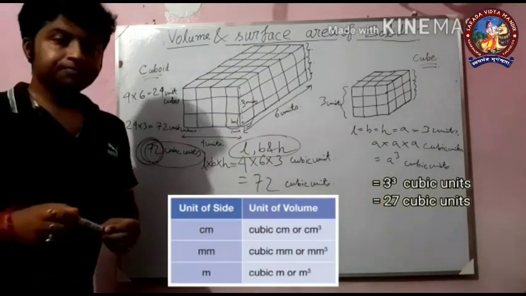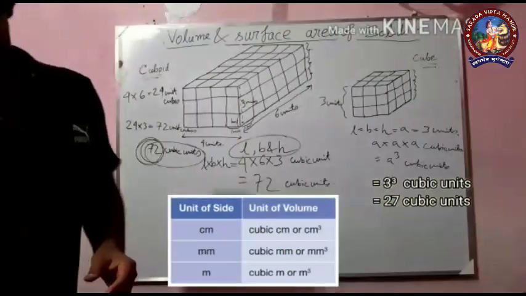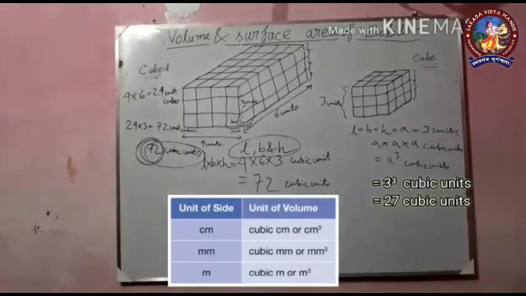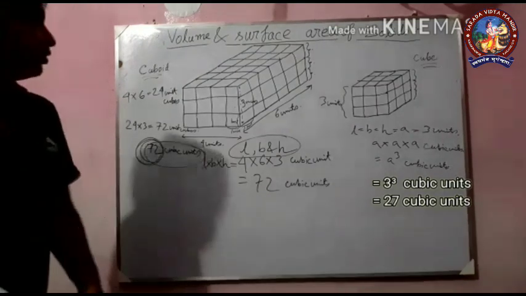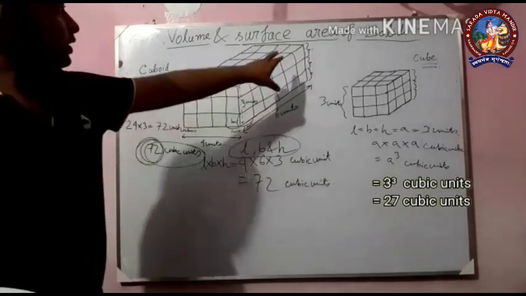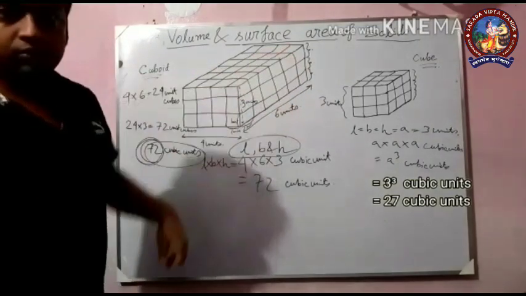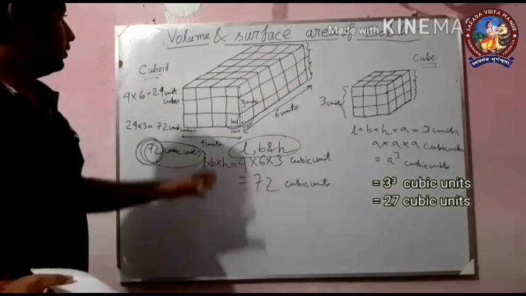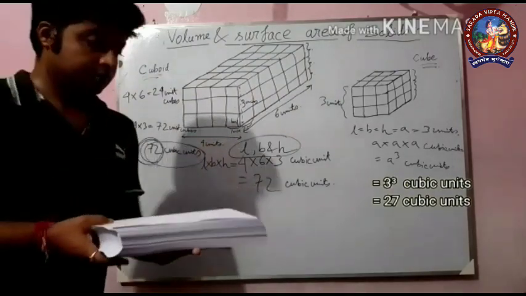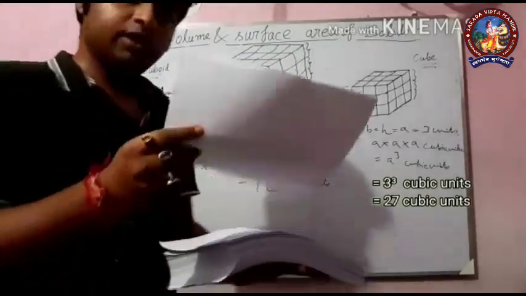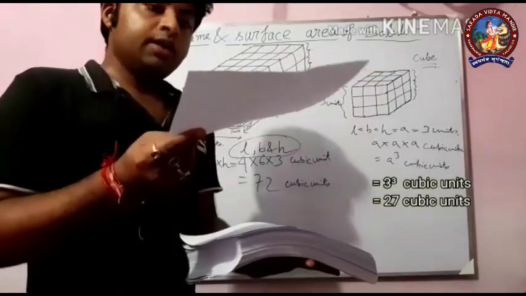Now suppose I have just explained by saying there are 3 layers of unit cubes, right? Here see, in other words, this is one A4 sheet, right?